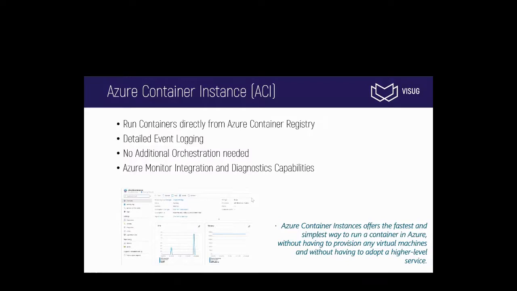Nothing too hard, nothing too fancy. Literally give me a container and I'm gonna run it. Although it's quite basic, it's still powerful. It runs your container as it should be. It gives you detailed logging from the Docker perspective, but also from the Azure service perspective. Whenever something goes wrong with the instance, it's going to stop running and restarting itself.